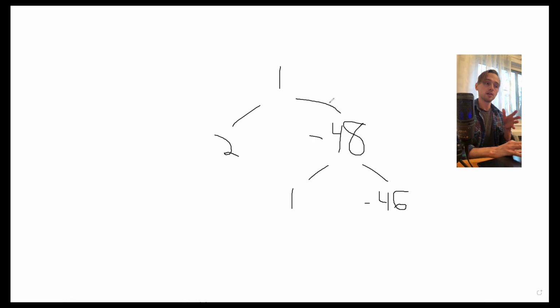But you might be thinking, can we include this 1 here in the maximum path? The answer is no, because you have to go through that node, the -48, and you'd have to include it if you included that as the path. So you can't bypass a node and not include it in the maximum path.